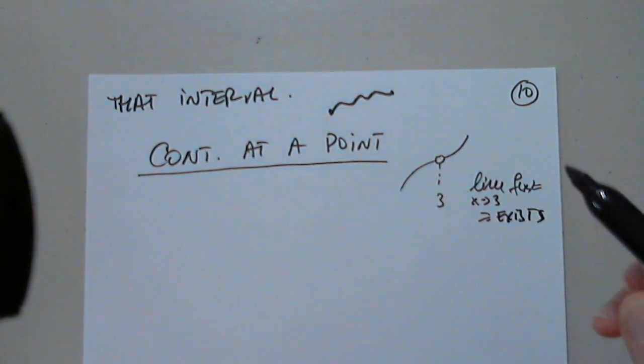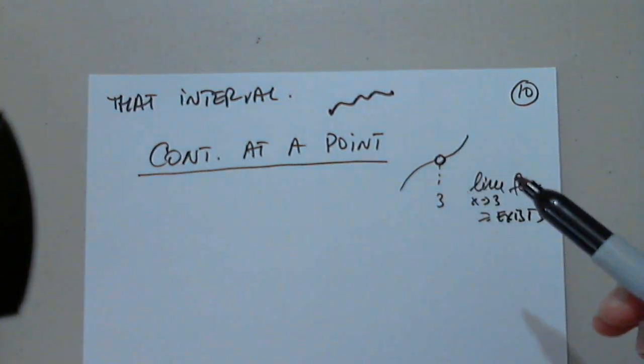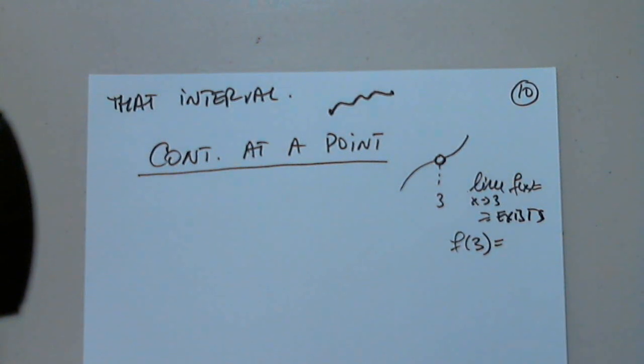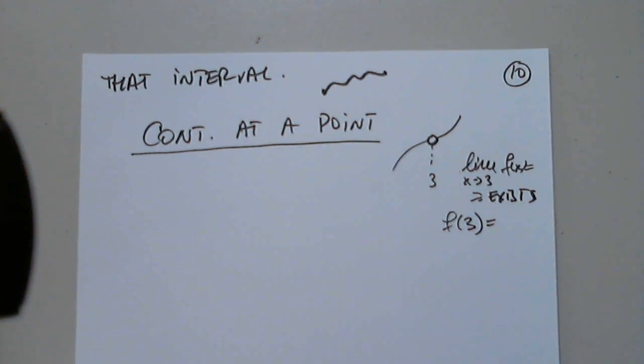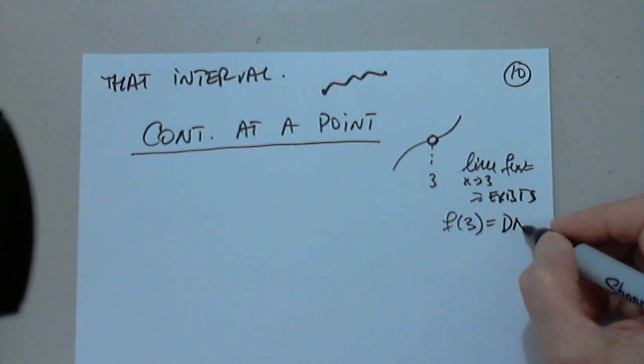Because as we know, the concept of the limit has nothing to do with the function value at that point. But if I ask you f of 3, which is a totally different concept, what will you say? Does not exist. Thank you very much.